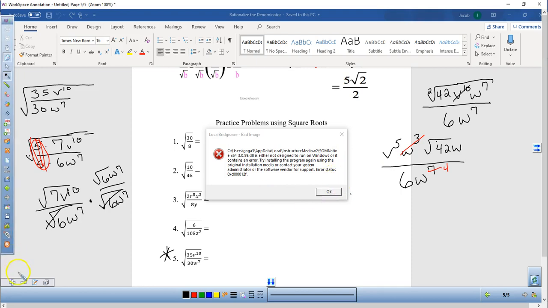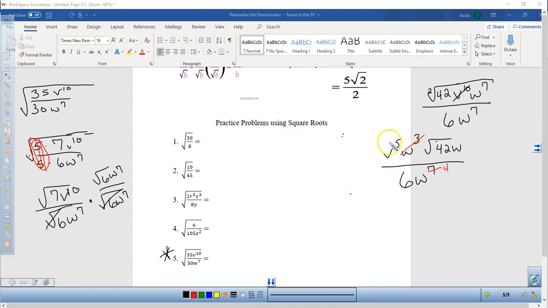There's that message again. Hold on just a second. Sorry about that. Again, looks like I'm going to have to update my software. So I've got left v to the 5th power in absolute values, square root of 42w, and on the bottom I have 6w to the 4th.